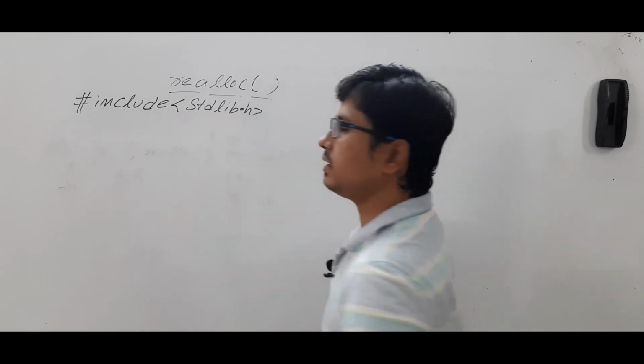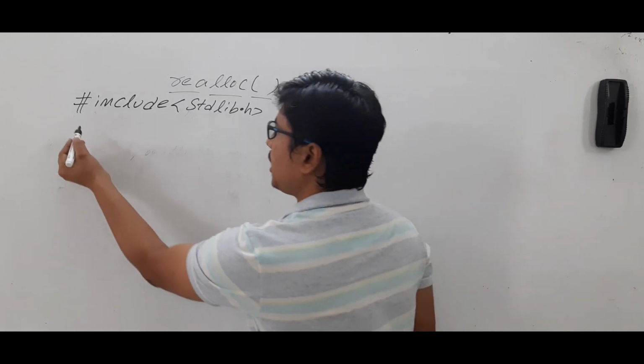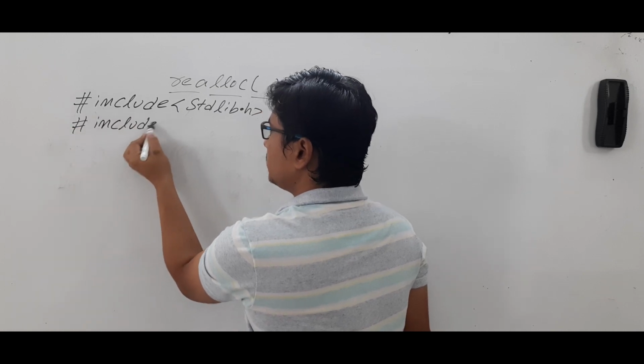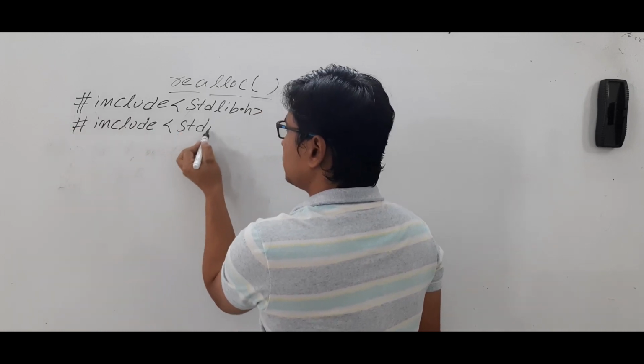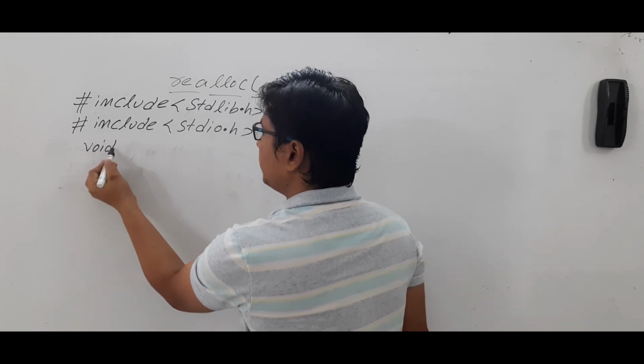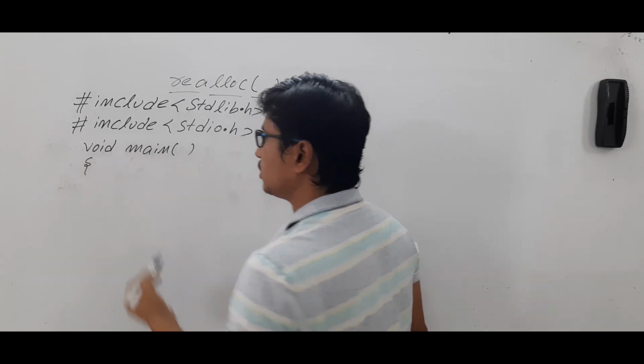Okay, and then if I want to use functions such as printf and scanf, I have to include stdio.h. Okay, then I will write void main and I will write the definition here of what I want to do.